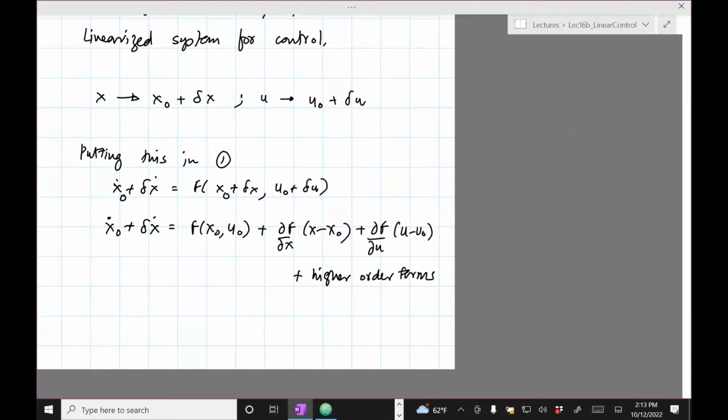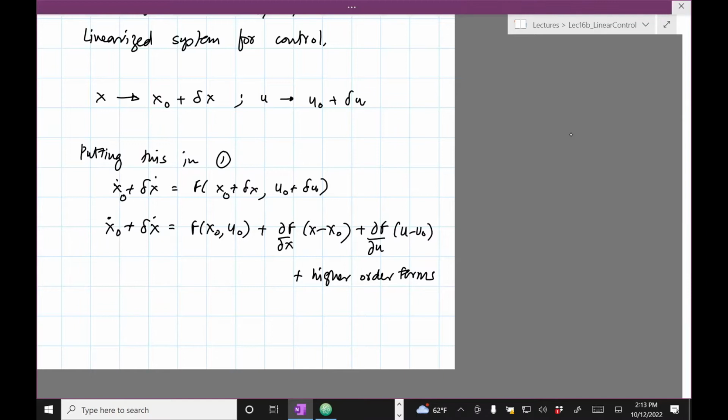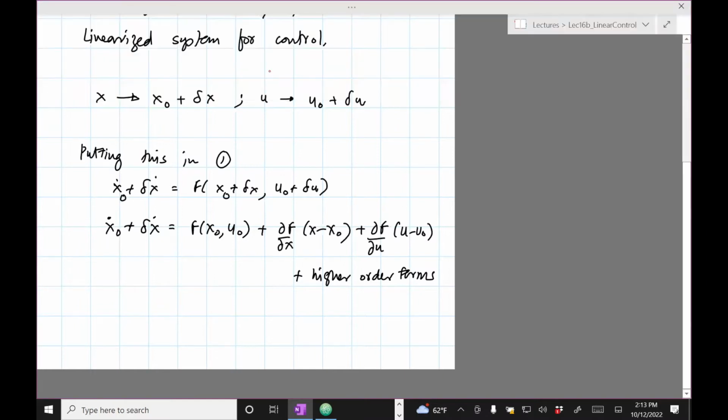Those would be typically d squared f/dx squared and d squared f/du squared, but you will also have delta x squared, delta u squared. So this is using Taylor series. You can refer to the internet for what a Taylor series approximation is. It's basically this.